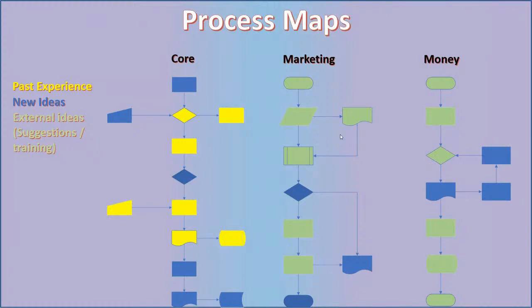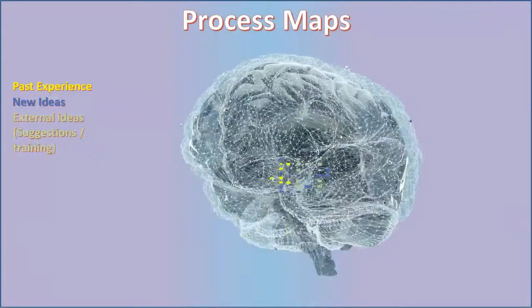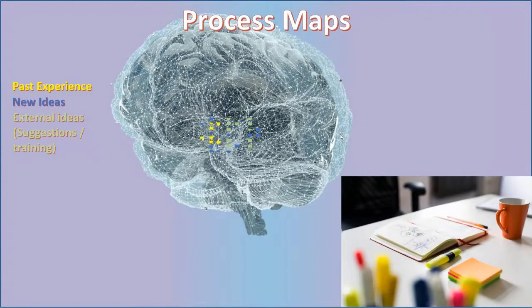Now, it's important to realize, again, that these aren't written process maps. These are just ideas in her head that she's got in terms of how she wants to run a business. Sure, for the training that she did, she might have some notes. She's probably got some things jotted down in terms of how she wants to do things. But they're not going to be formalized process maps.